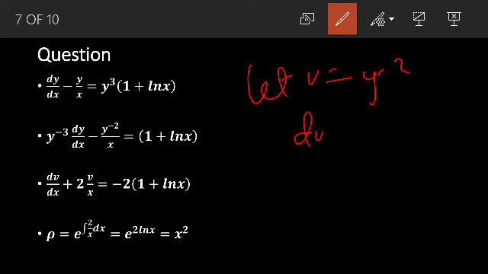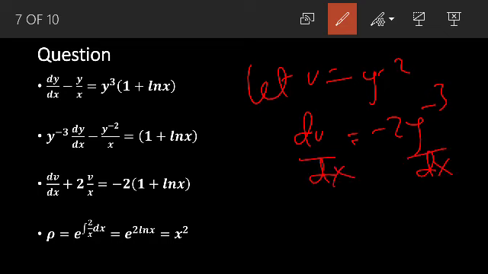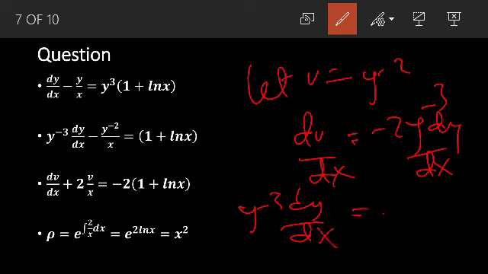So that means your dv becomes minus 2y raised to the power minus 3. We can divide both sides by dx. That means your y to the power minus 3 dy dx is equal to minus 1 over 2 dv dx. So in place of y to the power minus 3 dy dx, we have minus 1 over 2 dv dx.